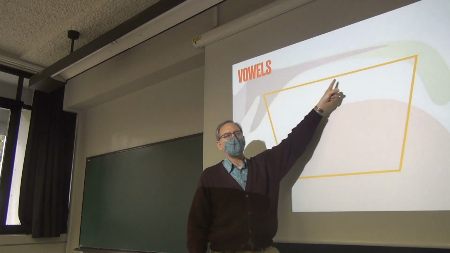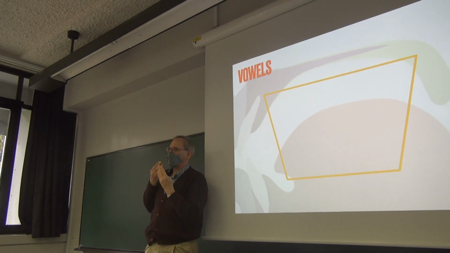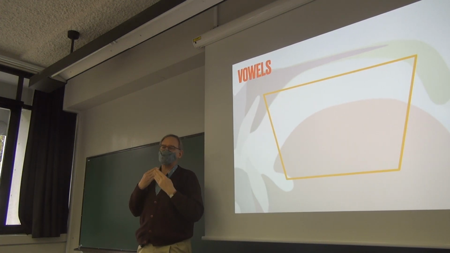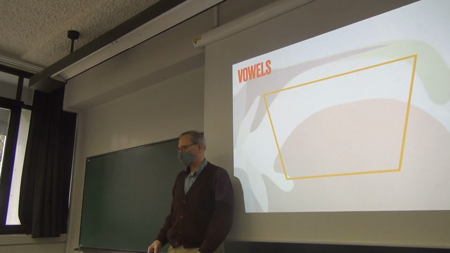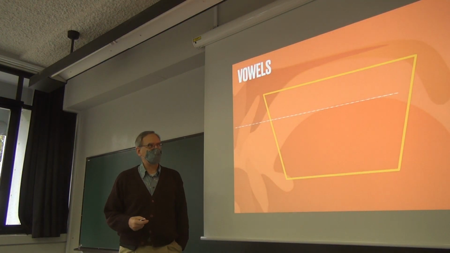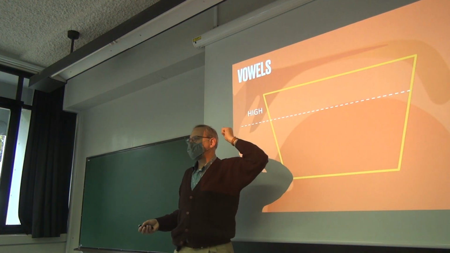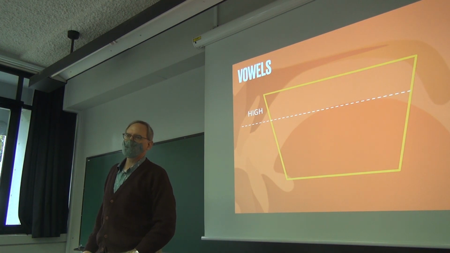It's longer on the top than on the bottom because the top of your mouth is longer than the bottom. That's why I have this shape. We're going to refer to any vowels pronounced with the tongue raised as high vowels.